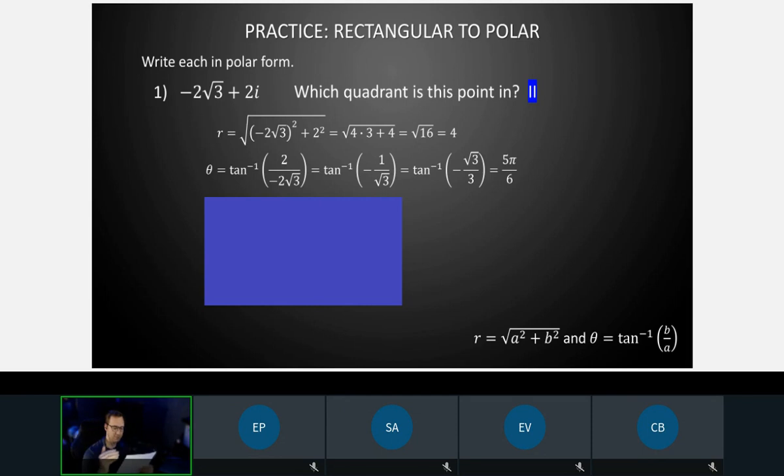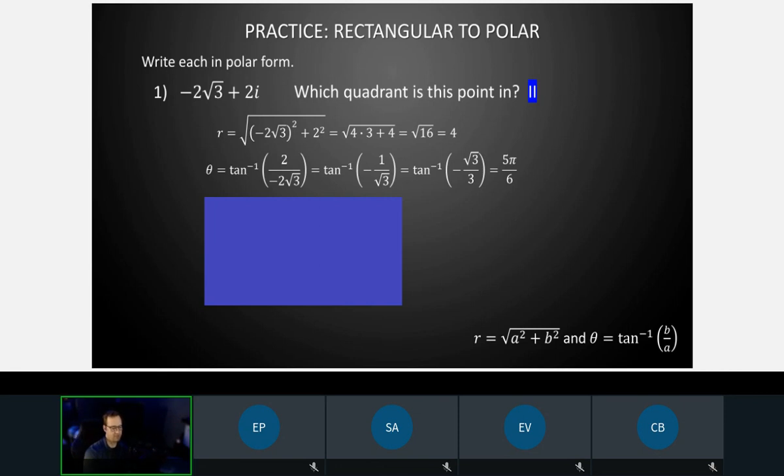So -pi/6. If you look at your unit circle, instead of going counterclockwise 30 degrees, you have to go clockwise 30 degrees. And that puts you at 11pi/6. So -pi/6 is the same thing as 11pi/6. And we want to keep our values positive.